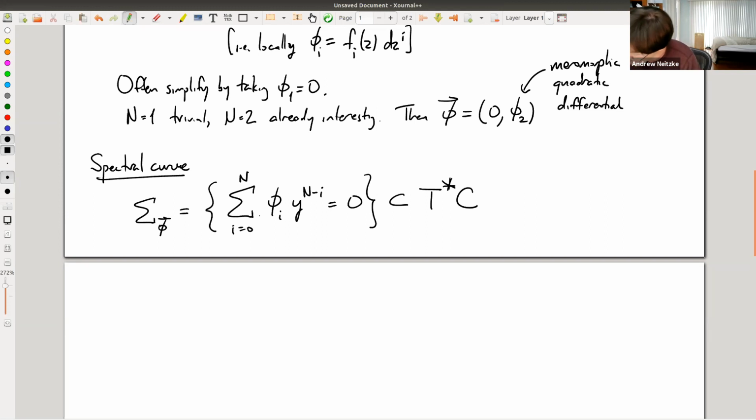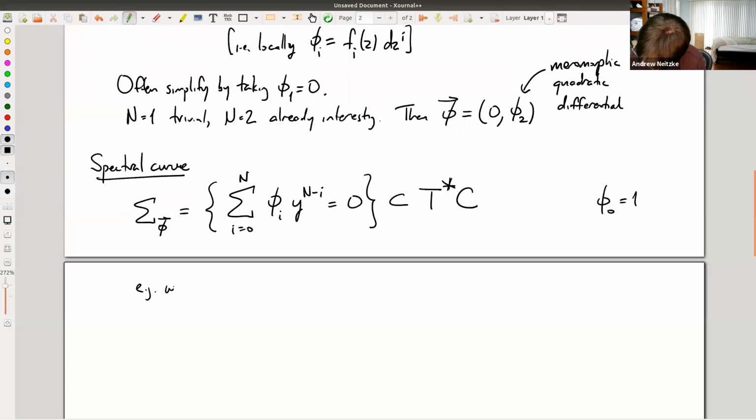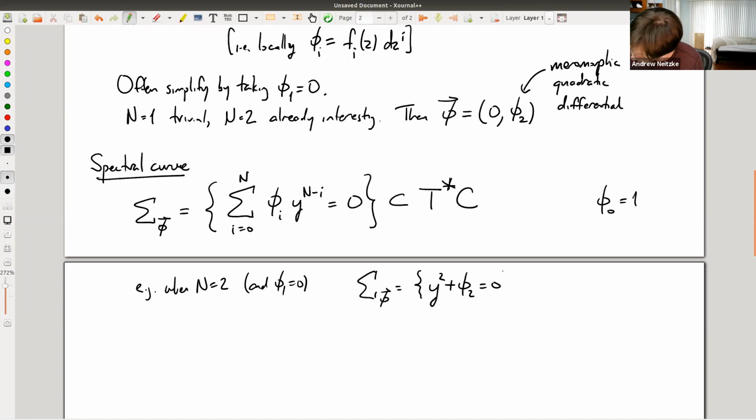Except I should say, so we had a tuple of differentials, phi 1 up to phi n. So in writing this equation, I make the convention that phi 0 is equal to 1. So for example, when n is 2, and phi 1 is 0, this just says sigma phi is given by the equation y squared plus phi 2 equals 0.